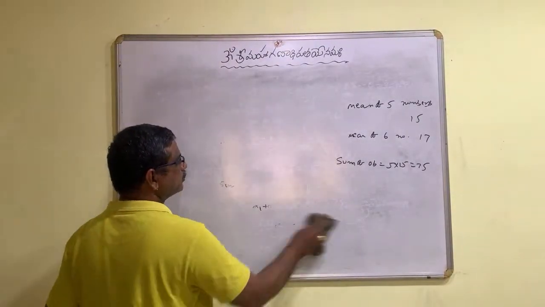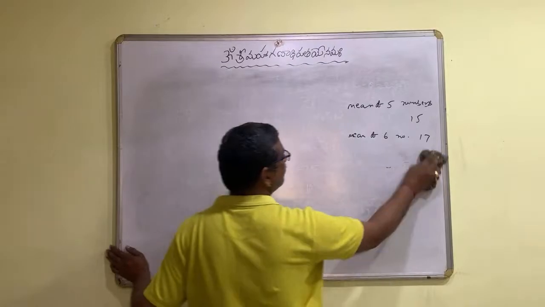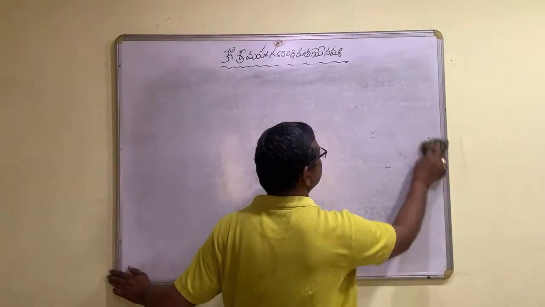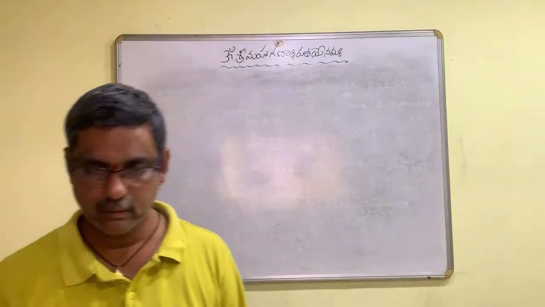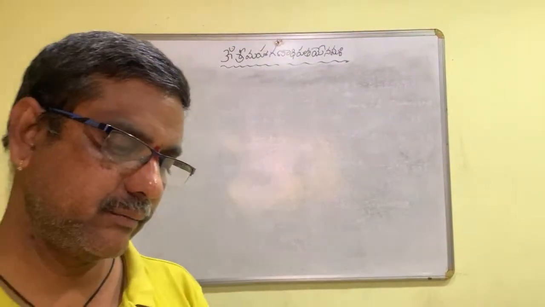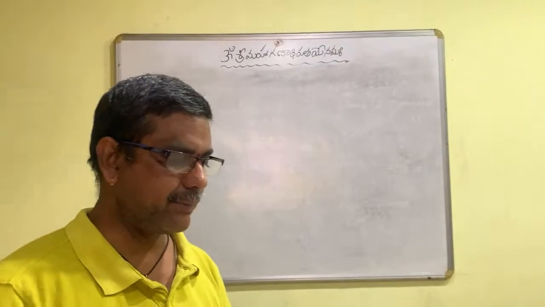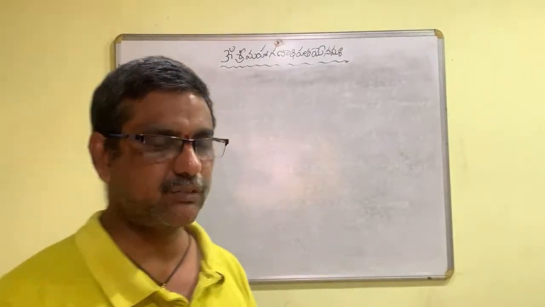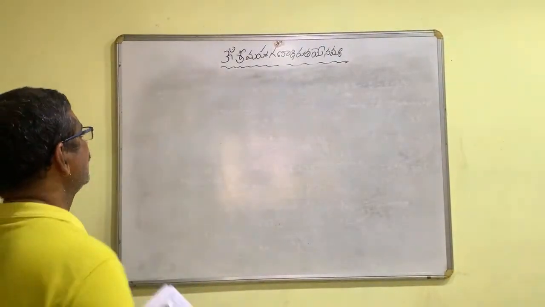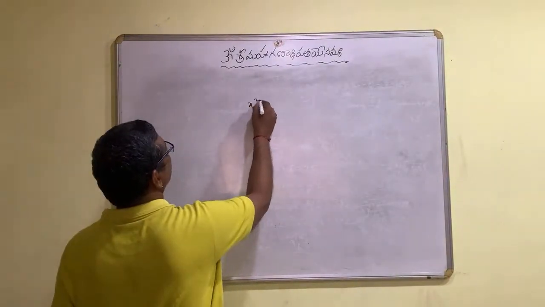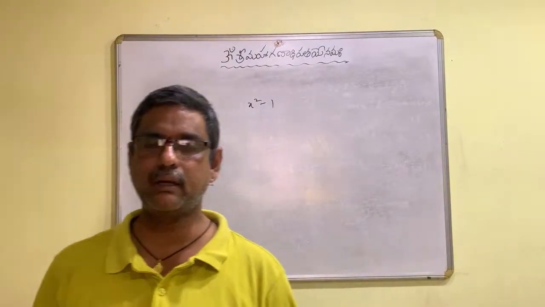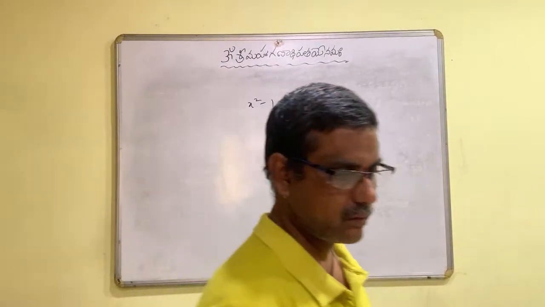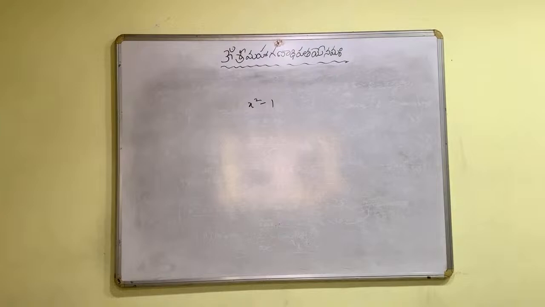Explanation takes some time, but actually all these questions are simple questions. Yeah, next question. Alpha, beta are the zeros of x square minus 1, then alpha plus beta is 0. What are the zeros of x square minus 1, children?